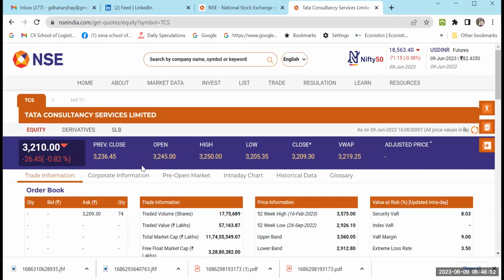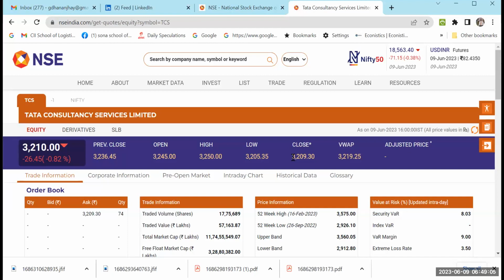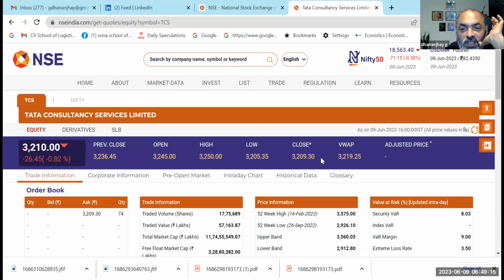Open, yesterday close, open, high, low, close. So what is the closing price of TCS equity? 3,209. Yes. All of you are clear? Jaya Jain? Yes, sir.